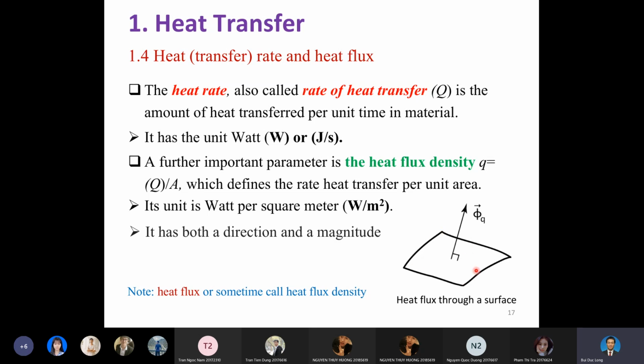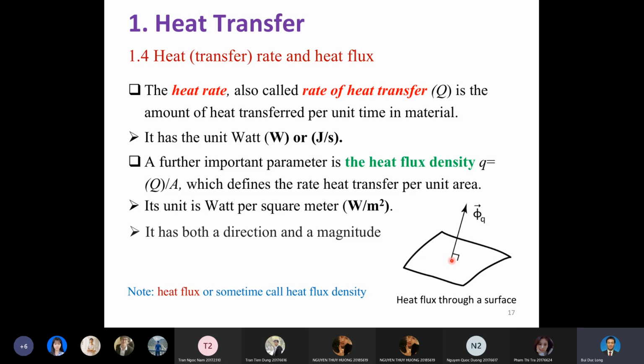Here is the direction of heat transfer per area, which we call the heat flux density, through a surface area.